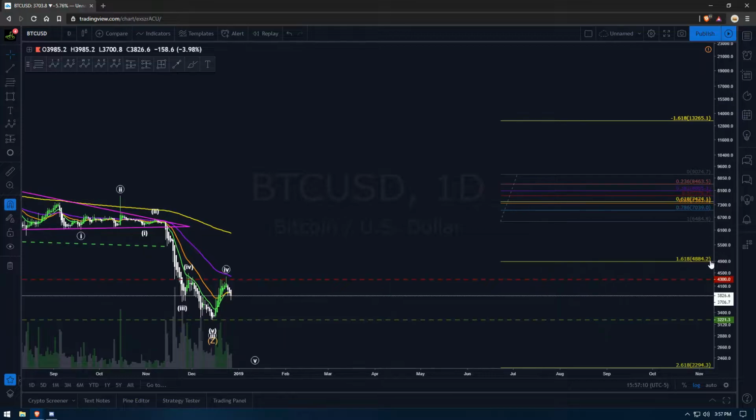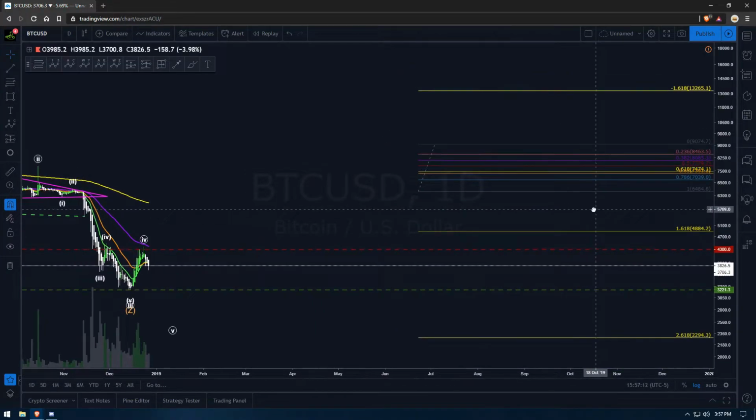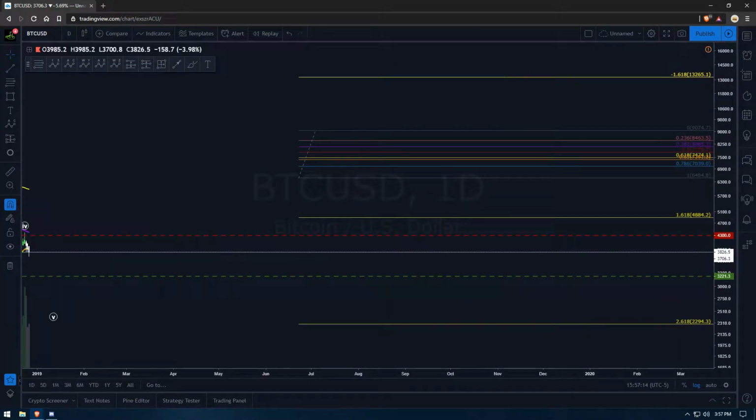I'll just leave this here so I can explain it to you guys. Wave 3, I already went over that. So wave 4 now is always going to be related to wave 3, in which it's either 24%, which is this 236 level, or 38.2%, which is this level, or half of wave 3, which is this level. So normally it's going to be somewhere in here.